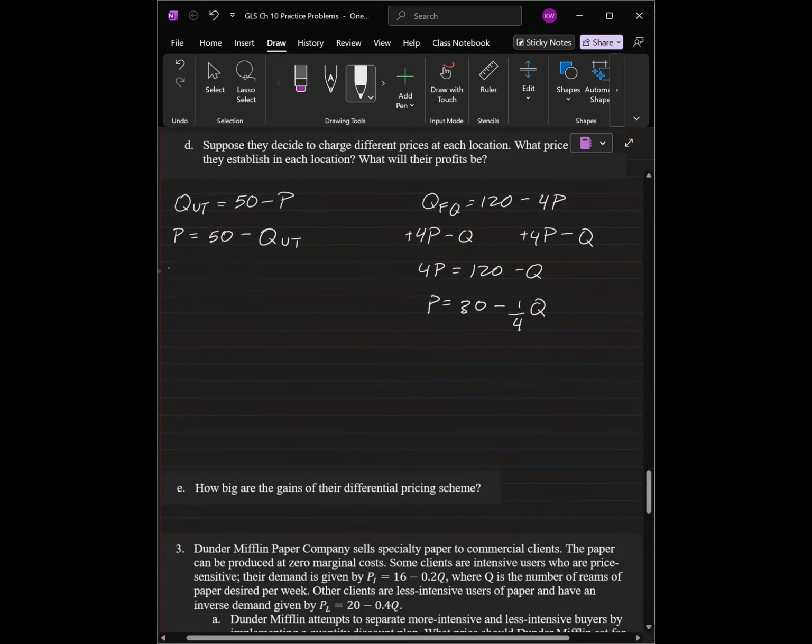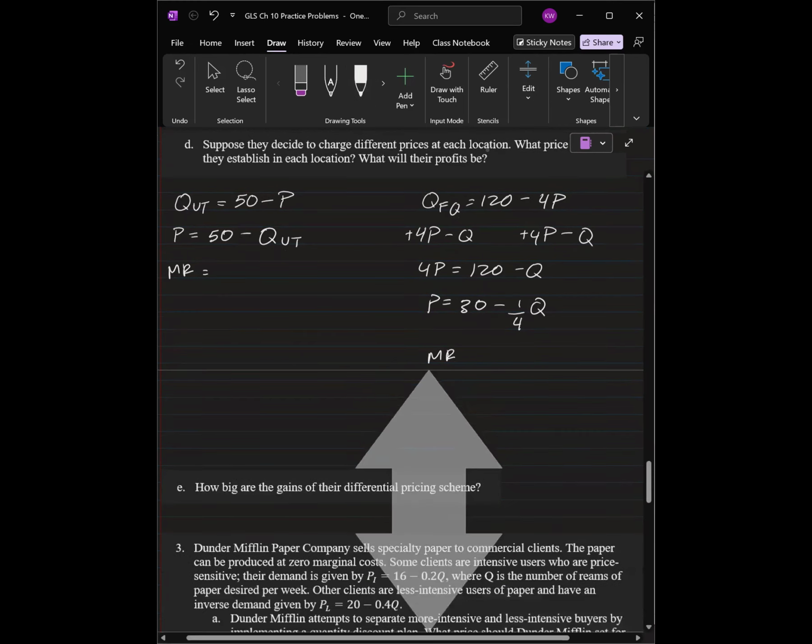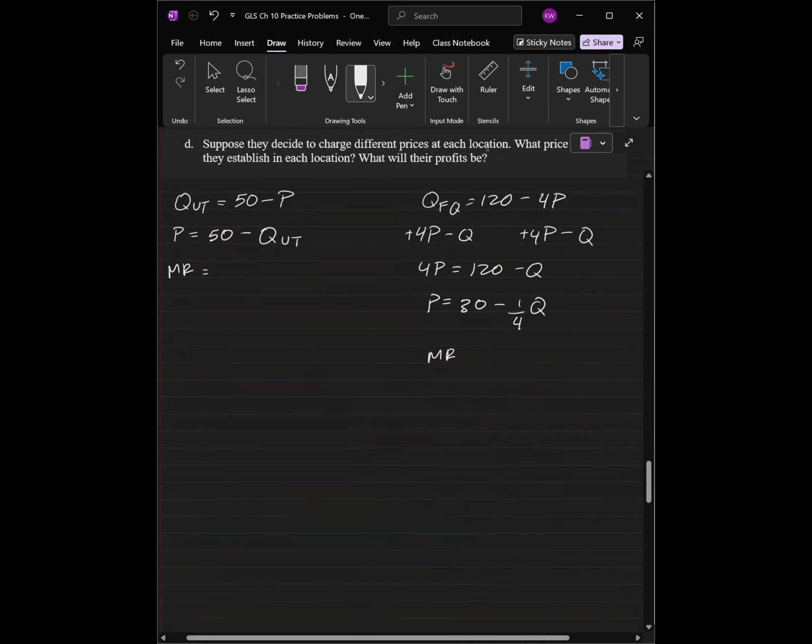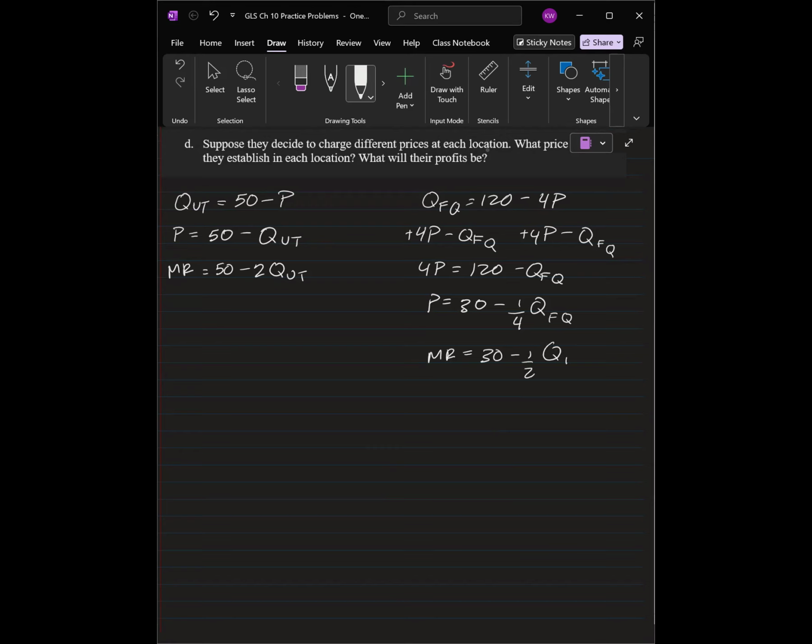Okay. Next, we need to find the marginal revenue curve for each, and we're going to do that just by multiplying the constant on quantity by 2. So we'll have marginal revenue equal to 50 minus 2 times quantity demanded uptown. And then for French Quarter, we're going to have the marginal revenue equal to 30 minus 2/4, which is 1/2, times the quantity demanded.